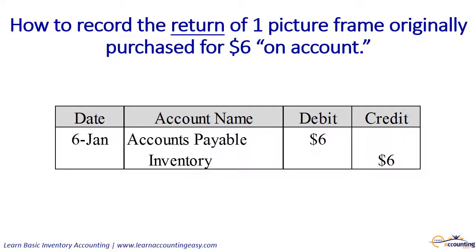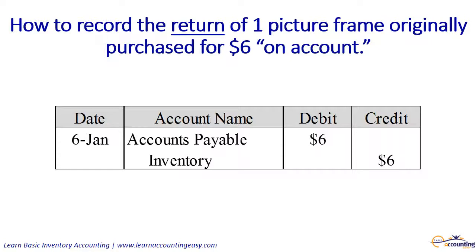Now, one of the things that might happen is we may want to go ahead and return one of the picture frames. So the entry for that is very simple. Each of the picture frames was $6, so if we're returning one of them, all we have to do is debit accounts payable for $6 and then credit inventory for $6.